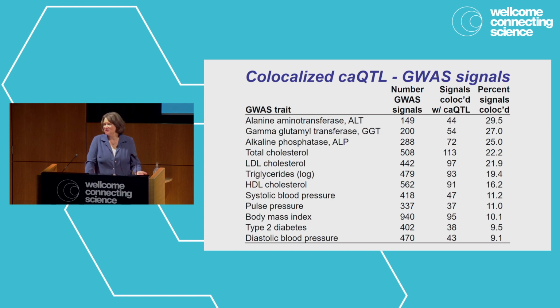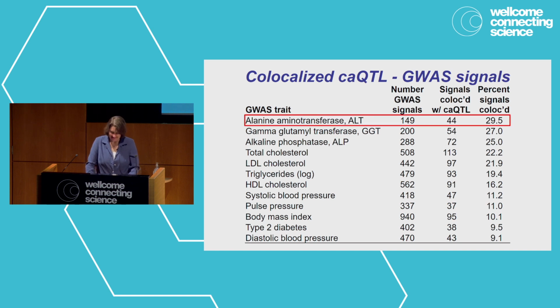So as you'd expect, the traits that are more likely liver-oriented showed a higher percentage of those signals that show colocalization. So all of these now offer candidates, and now we're at the candidate variant level, not just at the gene level, but now we have candidate variants that we can potentially evaluate for their effect.